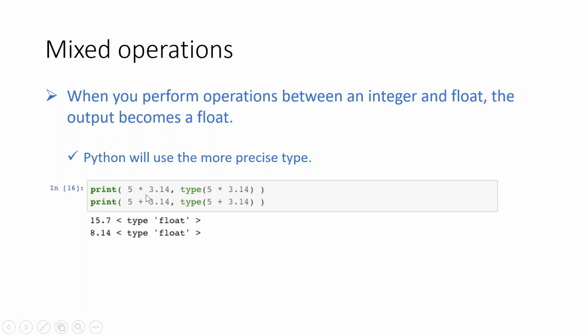You are multiplying that with 3.14, which is a float type number object. If you type check the answer, the resultant is a float. That is how operators between two types of number objects will work. It will always resolve to a more precise type. Keep that in mind.